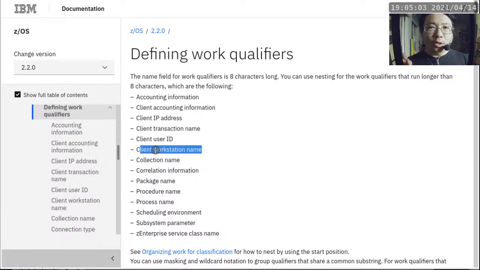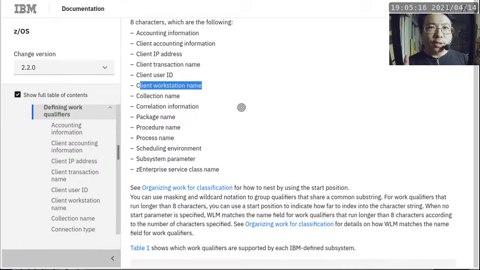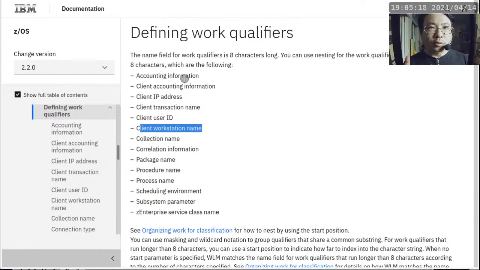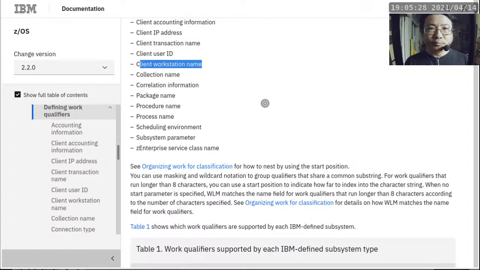Then the name part of a work qualifier specifies what pattern constitutes a match. So this way, a particular rule will help us qualify a work being requested.